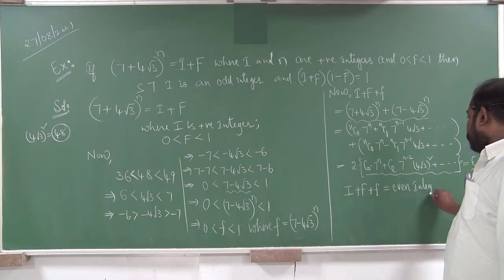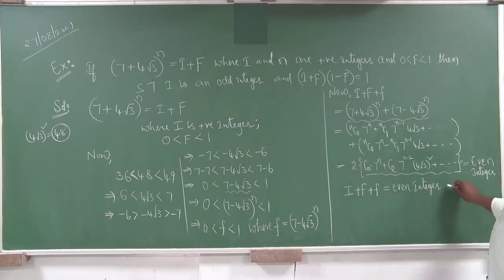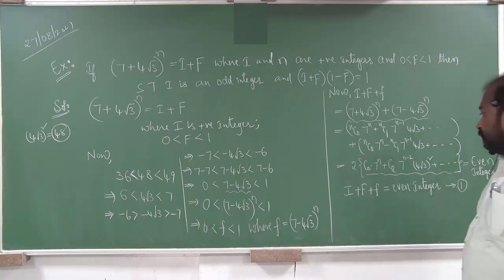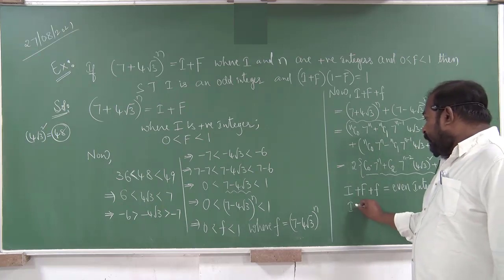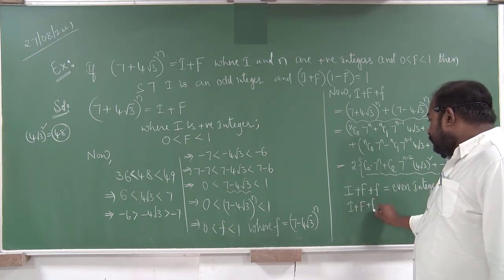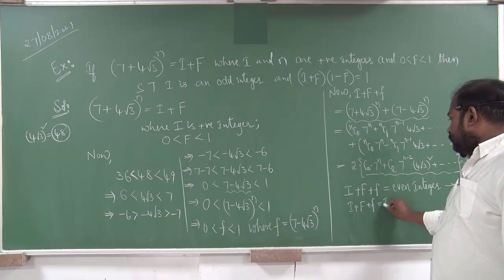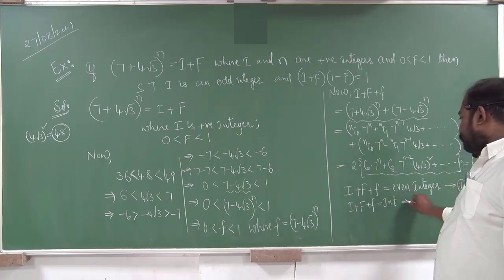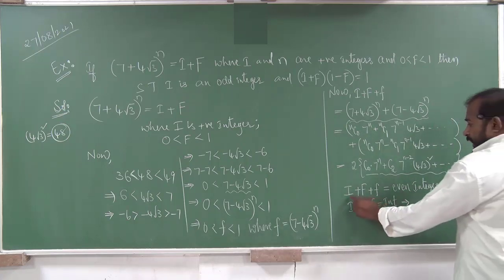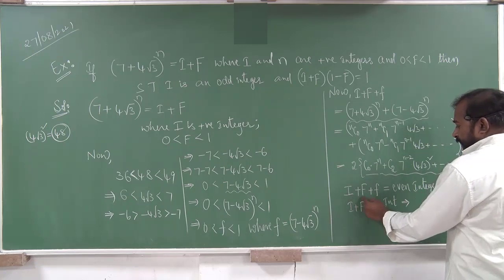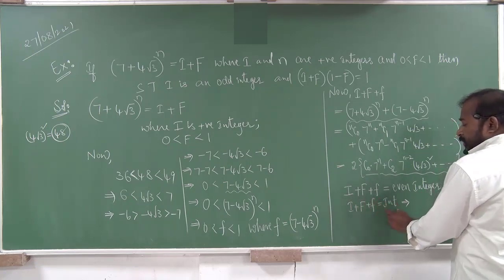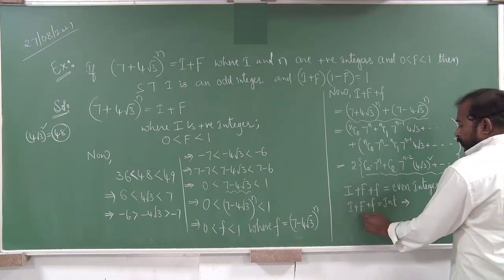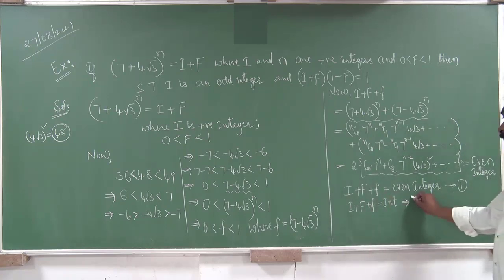Till here I am getting an even integer. Let it be equation number 1. Now listen. We got I plus capital F plus small f is equal to some integral value. Then what about this value, F plus f?